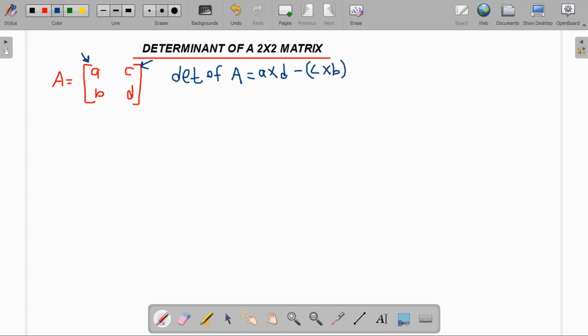So this is the product of the major diagonal, take away the product of the minor diagonal. This is how we find the determinant of a given matrix.